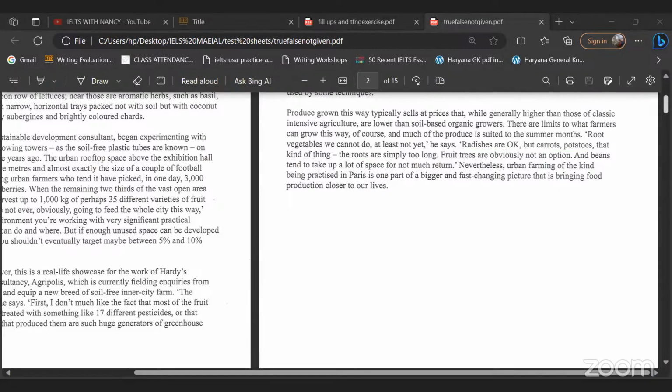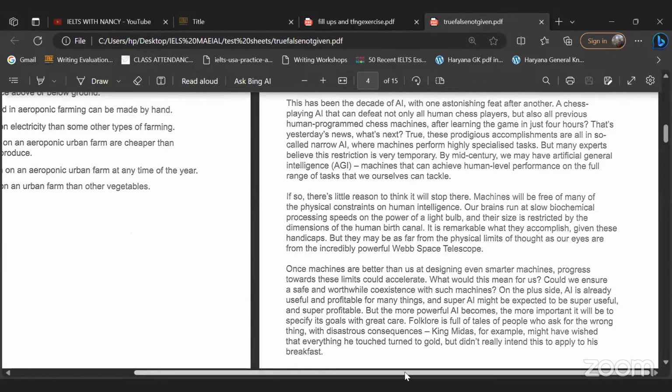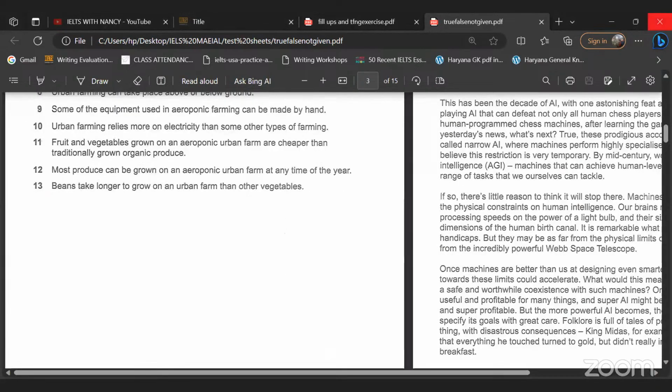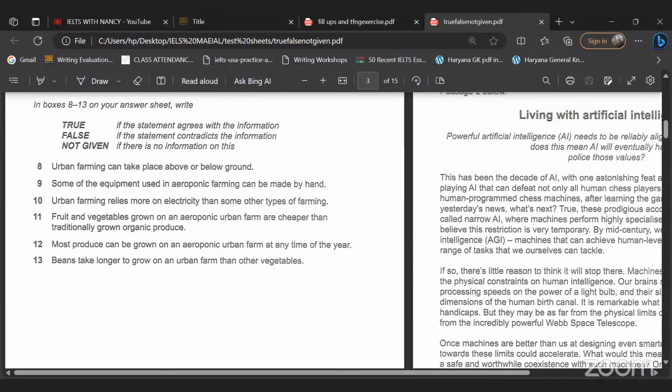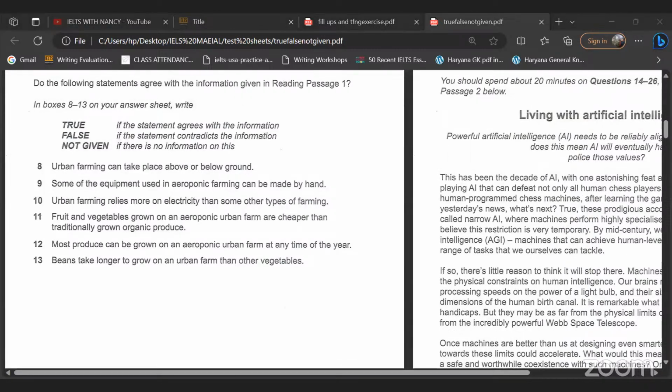So we have done the answer for, let's write down the answers again. Urban farming can take place above or below the ground. So the answer is true. Then some of the equipment used in aeroponic farm can be made by hand. They have not mentioned anything about equipment made by hand or not. Not given.